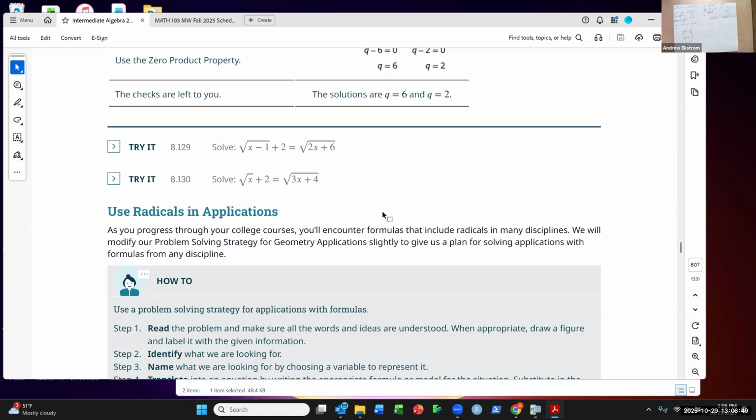So let's try 129. So we've got square root of x minus 1 plus 2 equals square root of 2x plus 6.